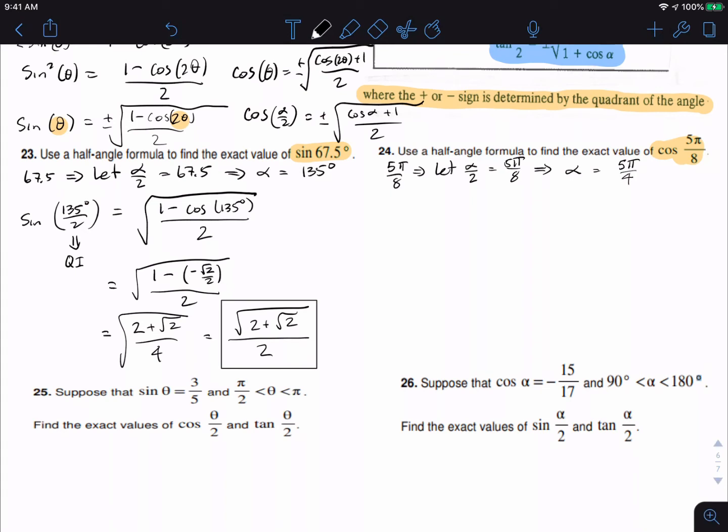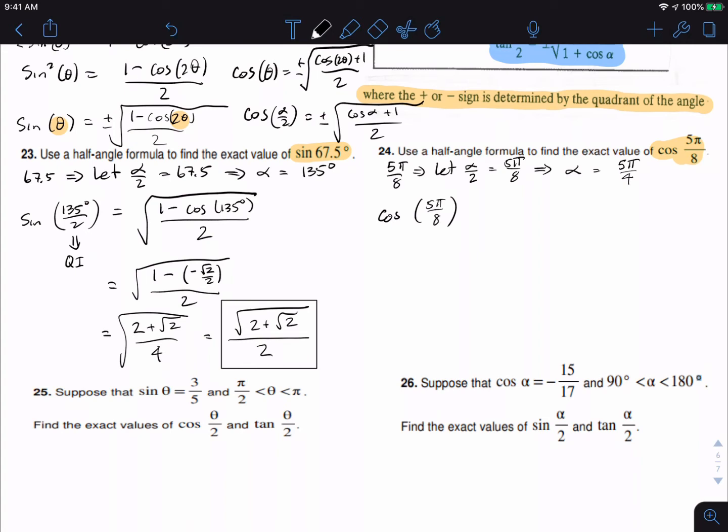So then we can go ahead and do this. So we're going to go cosine of 5 pi over 8, which is the example that we want, or we could have gone over 2, right?